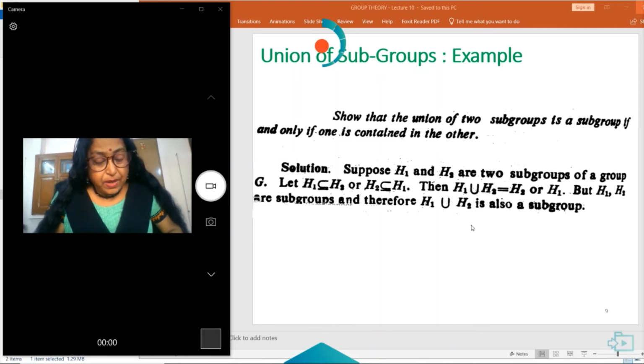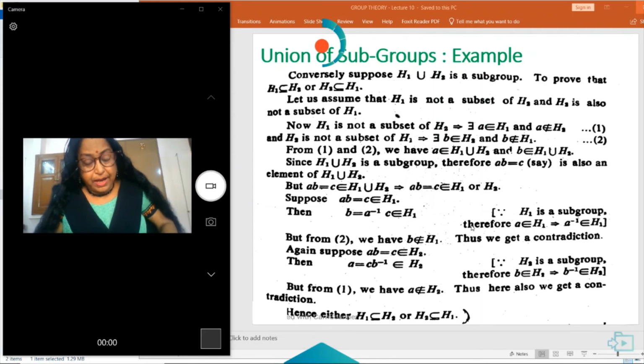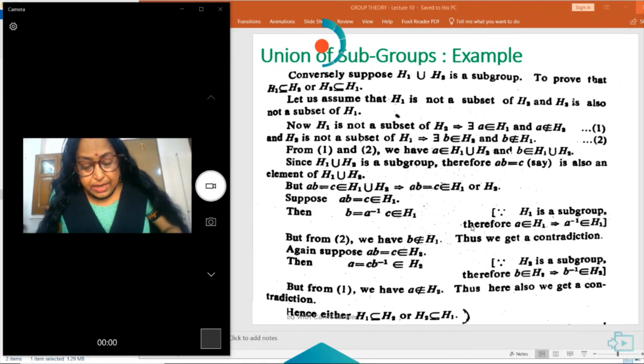Conversely, suppose H1 union H2 is a subgroup. To prove that H1 is contained in H2 or H2 is contained in H1, let us assume that H1 is not a subset of H2 and H2 is also not a subset of H1.